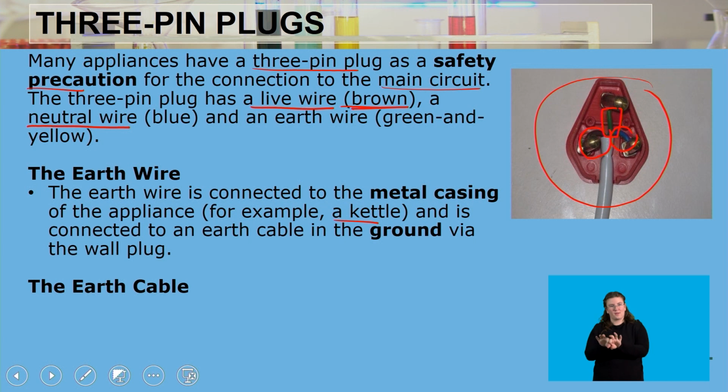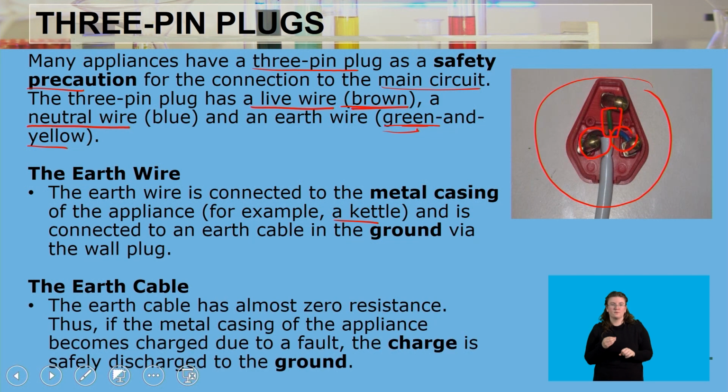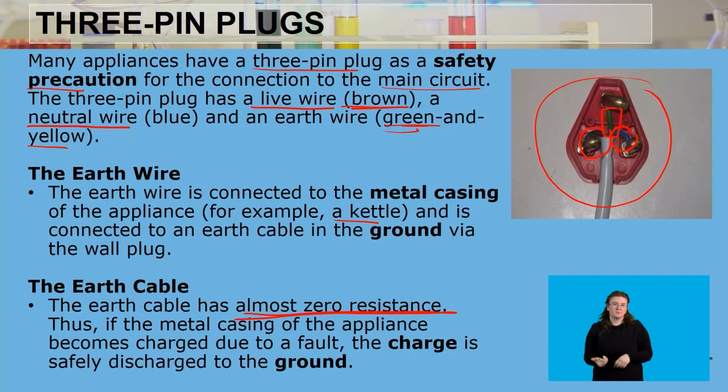The earth cable, the green and yellow wire, has almost zero resistance, so small that it is negligible. Thus, if the metal casing of the appliance becomes charged due to a fault, the charge is safely discharged to the ground, because of the zero resistance that the cable has.